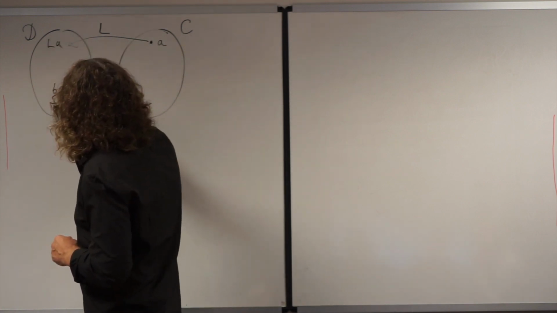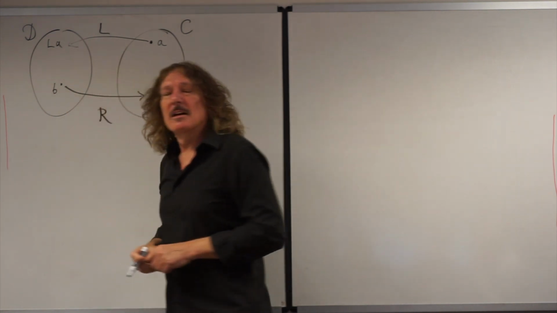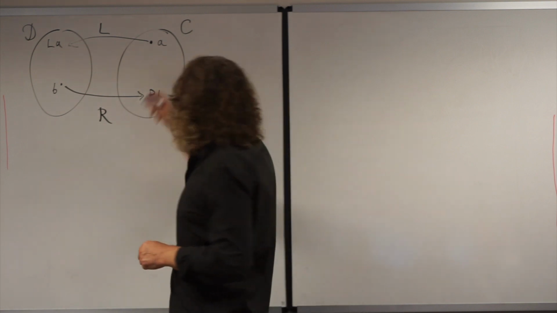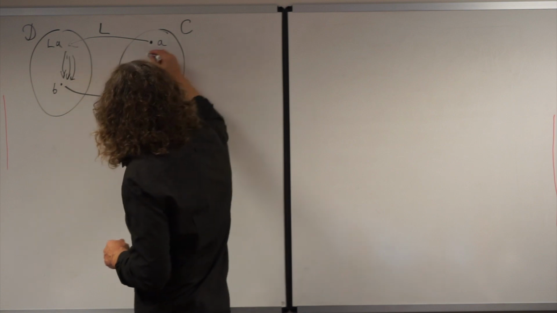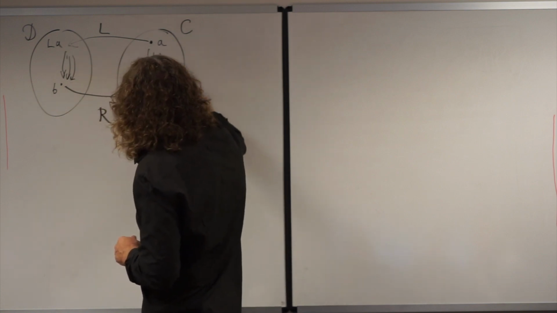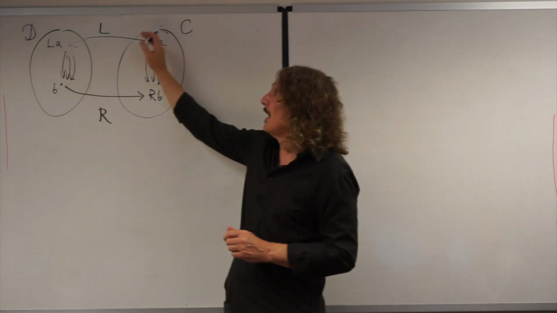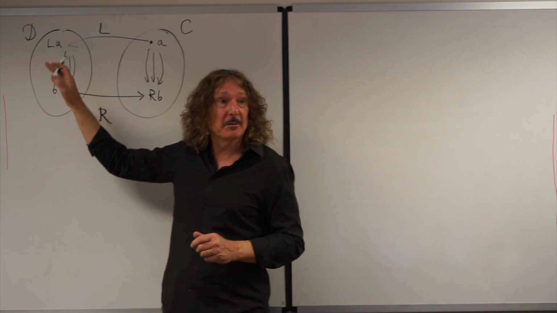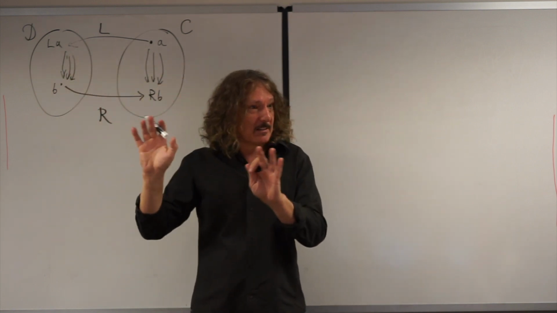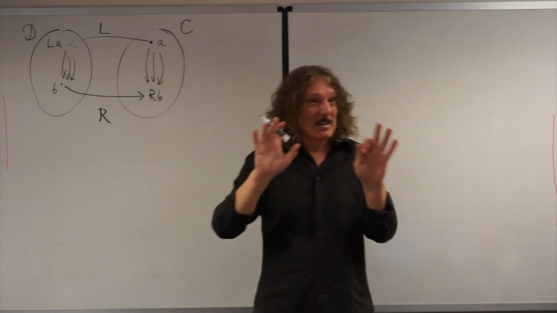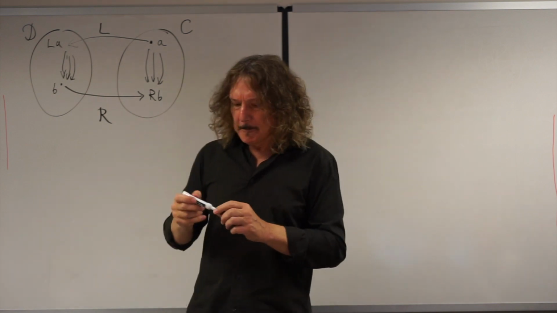And you start with some arbitrary object B here, and you get RB, right? And the adjunction is when these morphism sets are in one-to-one correspondence, and in fact naturally isomorphic. So when you move A around or you move B around, this mapping moves smoothly. Naturality means that there is some kind of smoothness when you start moving things around, right?